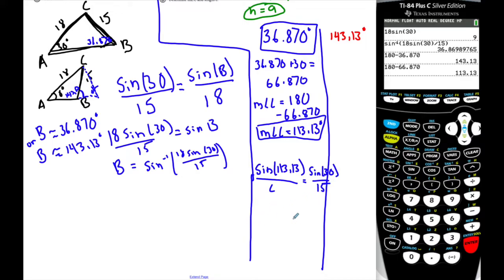When I multiply, I'll do c sine of 30 equals 15 sine of 113.13. So c equals 15 times sine of 113.13 over sine of 30.